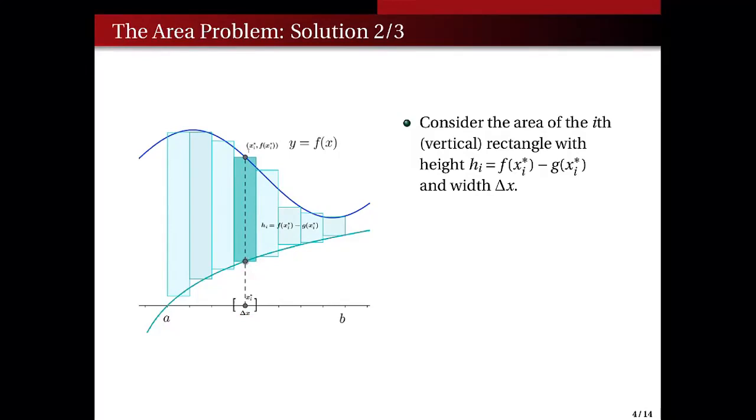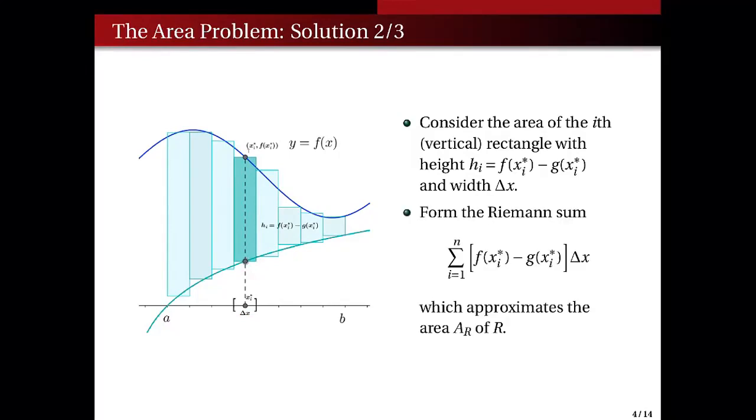Then, of course, we form the Riemann sum of f of x sub i star minus g of x sub i star times delta x. We add all of them: the area of this rectangle plus the area of this rectangle plus the area of this rectangle, and so on, until you have this part here.